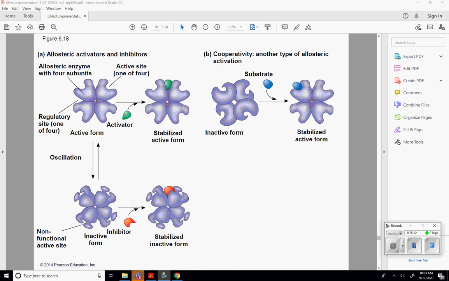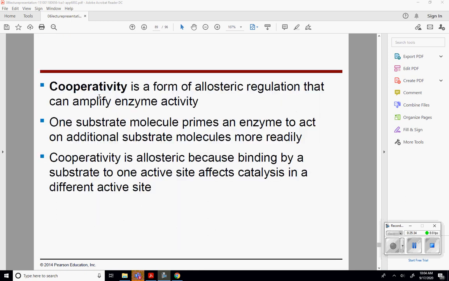Sorry, I should refer to this. Here's the inhibitor fitting in there, changing them the wrong way, whereas this one actually makes it work better. It's wedging in there, but keeping them from moving around too much, so it's actually stabilizing it better. So when I was mentioning inhibitor, this is the better example. This is the example I should have been using.